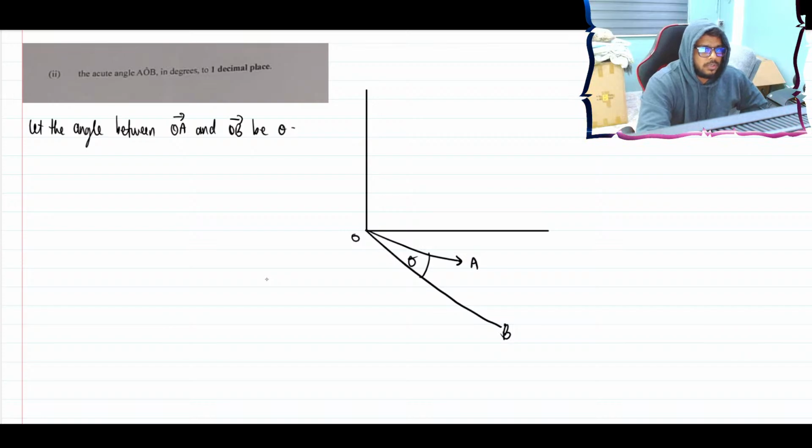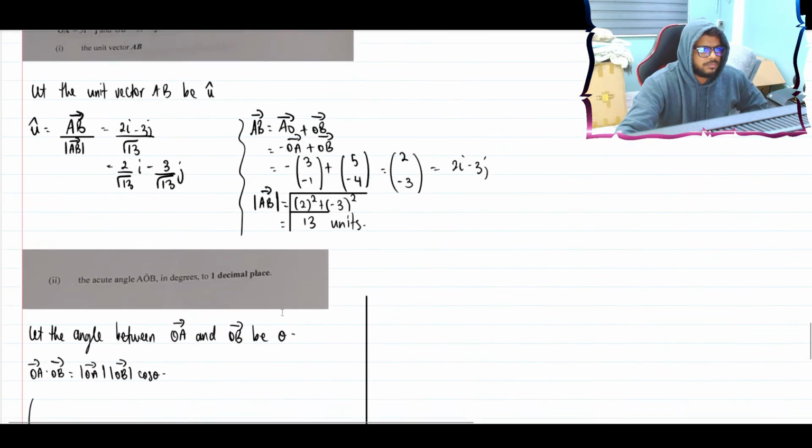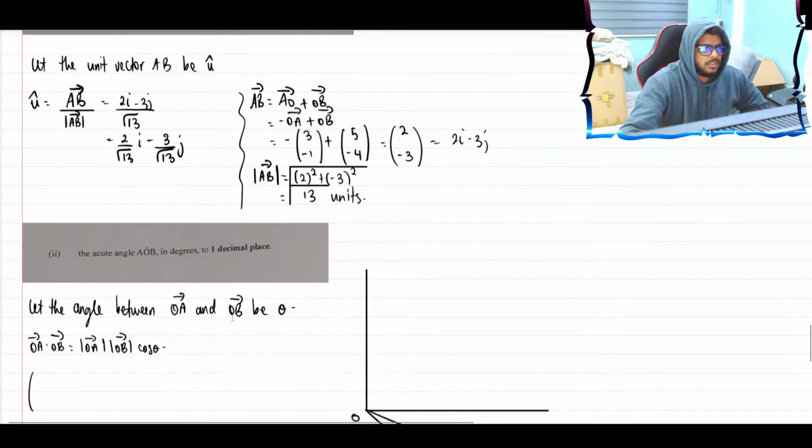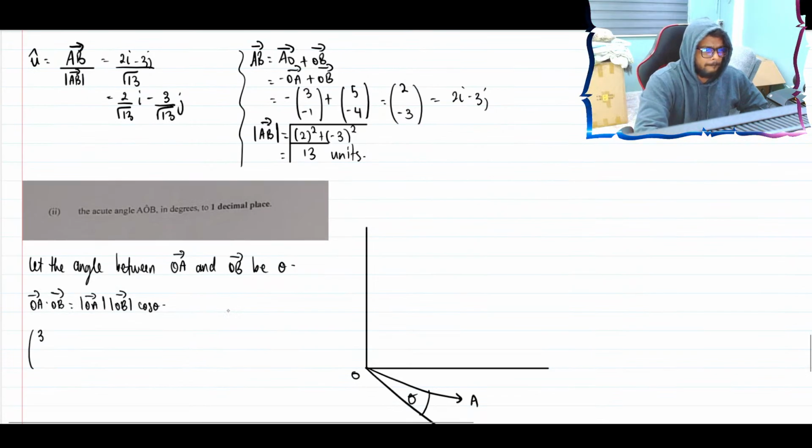So we use the dot product. The dot product says that OA dotted with OB is mod OA mod OB cos theta. So let me dot the vectors. 3 minus 1, that is OA, dotted with OB, which is 5 minus 4.